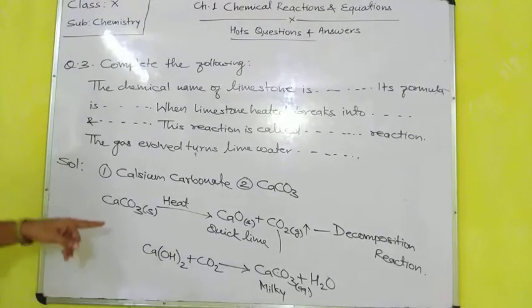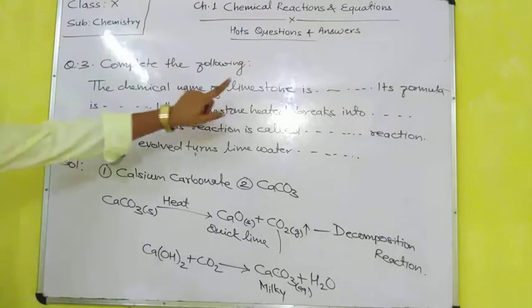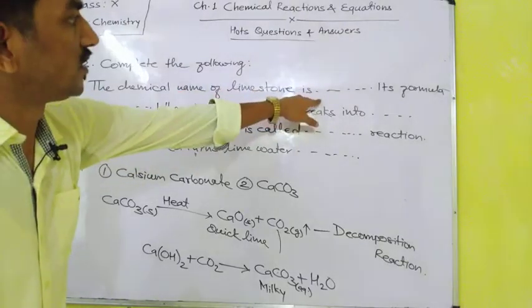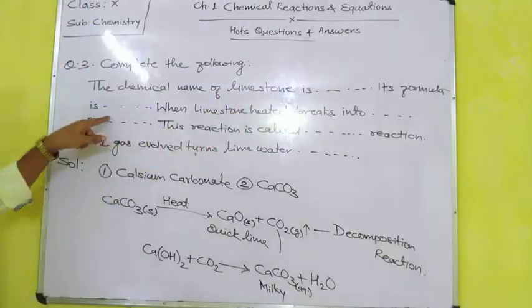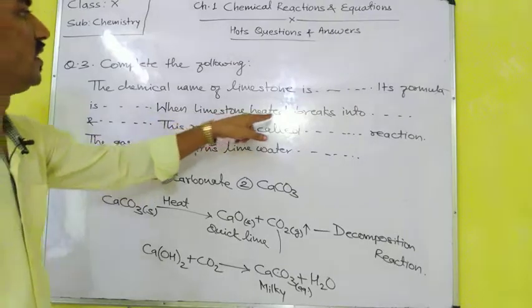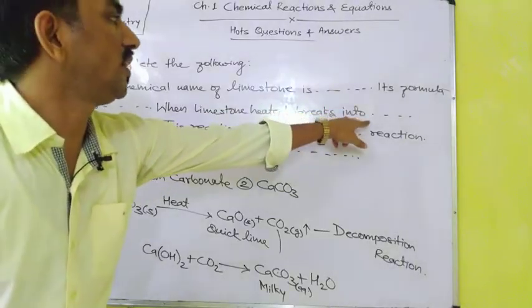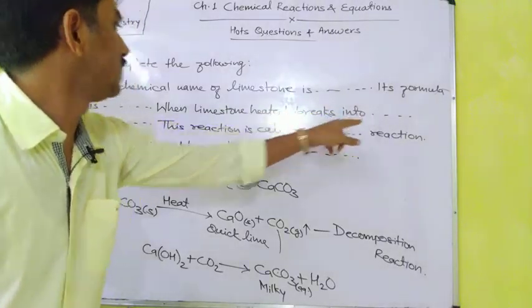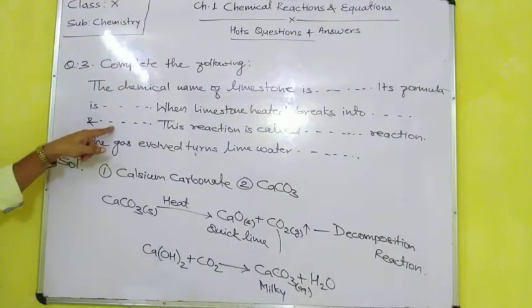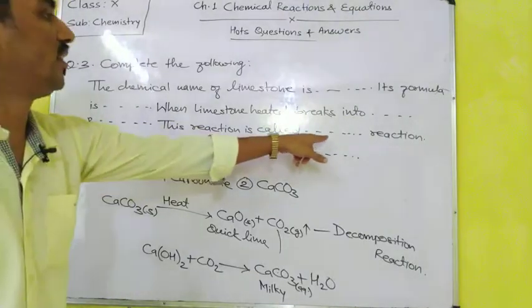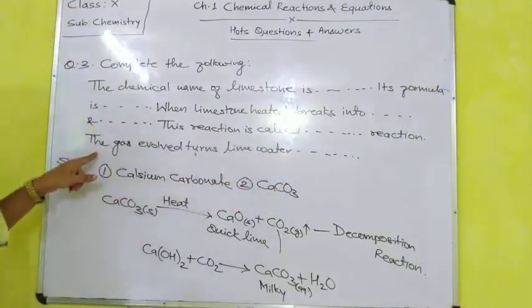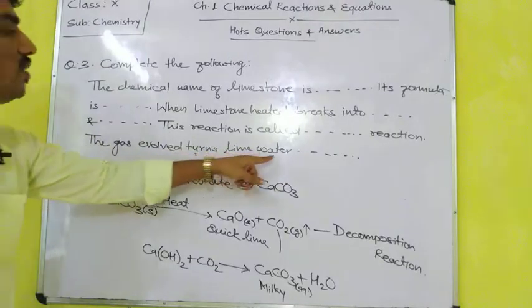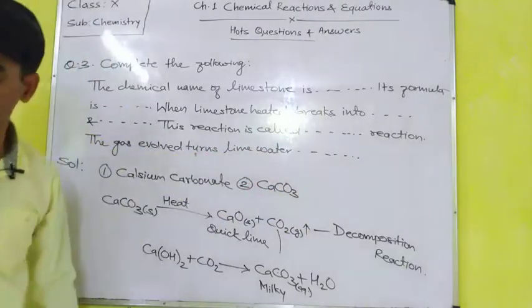Okay, so this is the question. The chemical name of limestone is calcium carbonate. Its formula is CaCO3. When limestone is heated, it breaks into calcium oxide, whose common name is quicklime, and carbon dioxide. This reaction is called a decomposition reaction, and the gas evolved turns lime water milky. So this is the question.